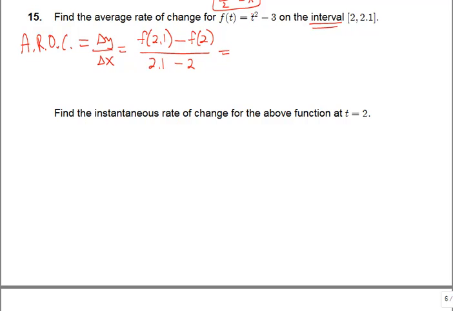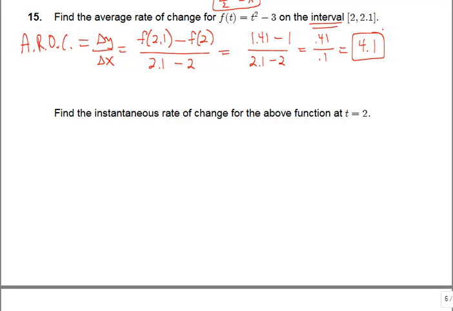So 2.1 squared minus 3 turns out to be 1.41. If I plug in 2 into my function, 2 squared is 4, 4 minus 3 is 1. And on the bottom we have that 2.1 minus 2. So subtracting, I get 0.41 on the top, 0.1 on the bottom, and when I divide, this becomes 4.1.